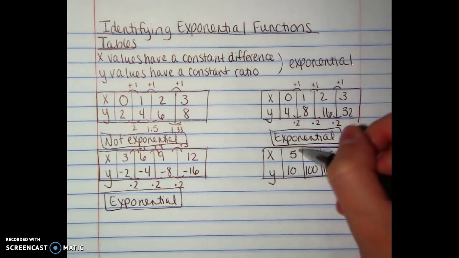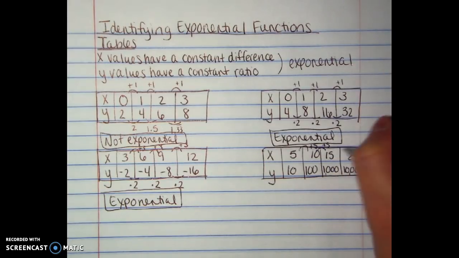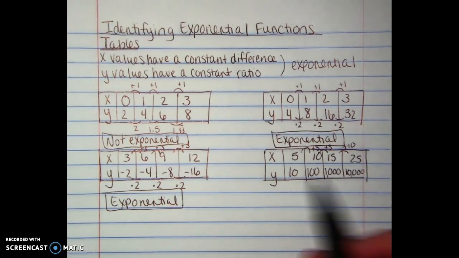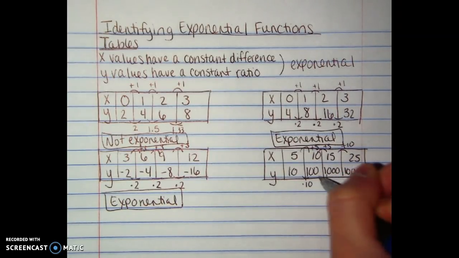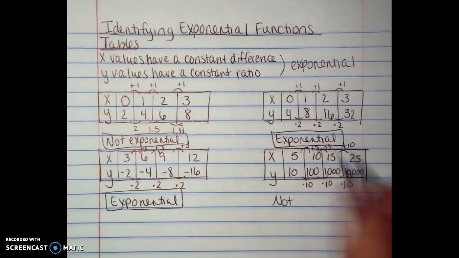They go from 5 to 10, you add 5. And here you plus 5, and here this is plus 10. So I already know it's not exponential. If you were wondering, it does multiply by 10 each time. So times 10, times 10, and times 10. But this one is not exponential because of the x values.